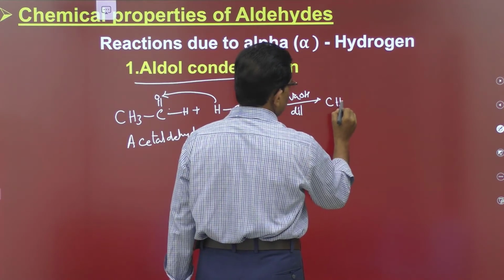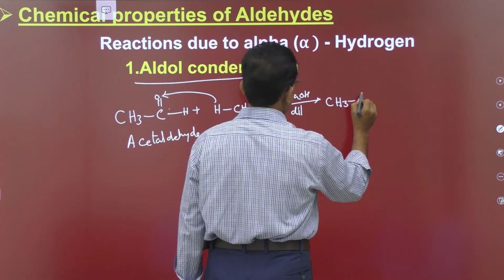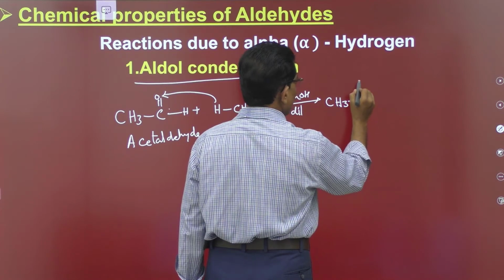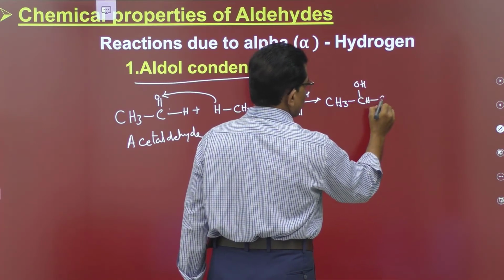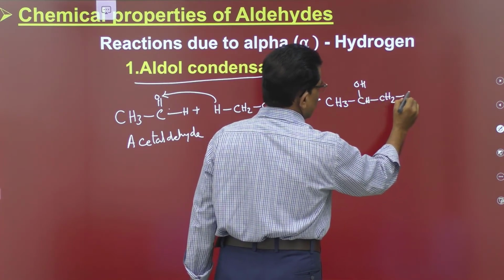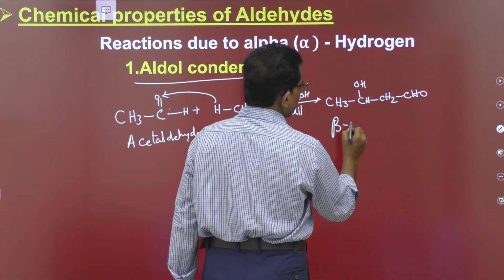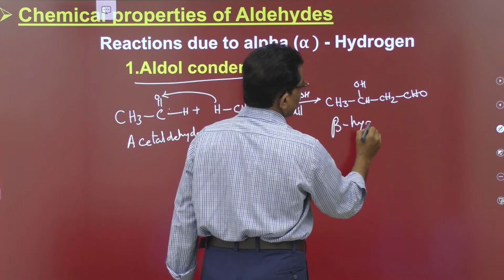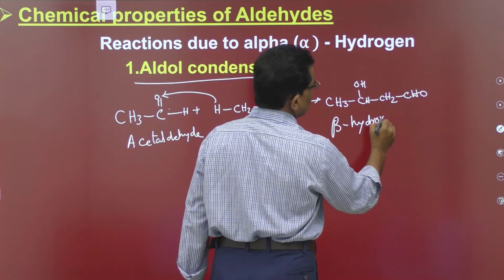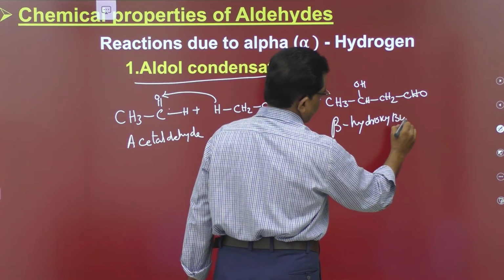So CH3 CHOH CH2 CHO. This is beta hydroxy butyraldehyde.